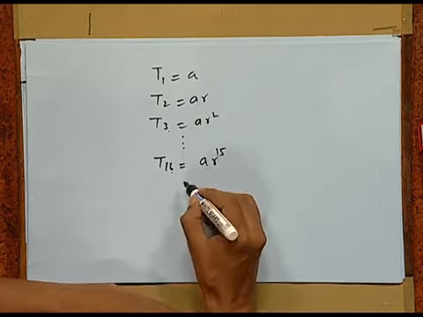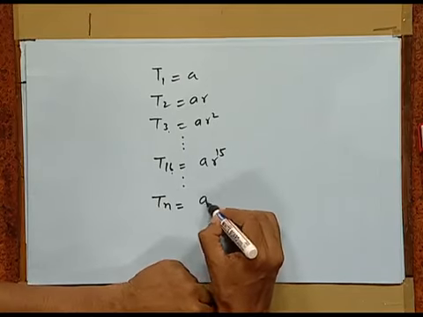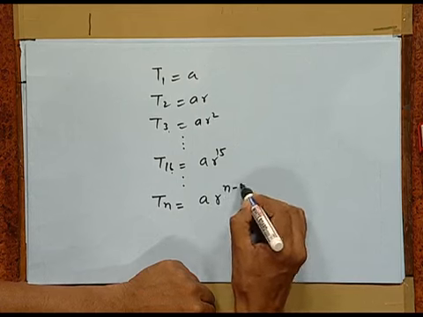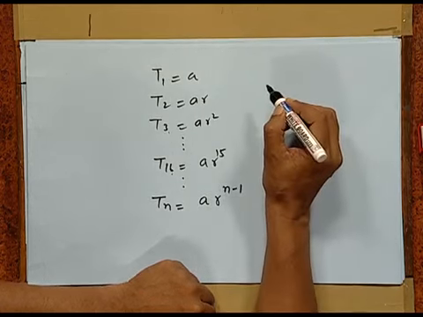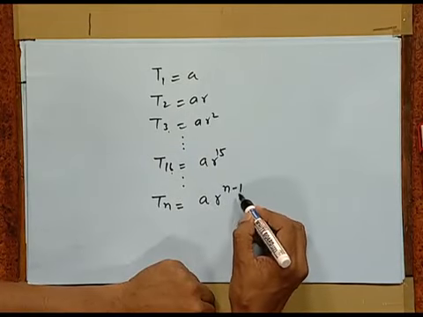So, we can guess that in general Tn is A times R raised to power n minus 1. But by mere observation of this pattern, we cannot conclude logically that Tn is always A times R raised to power n minus 1. So, we must prove it.